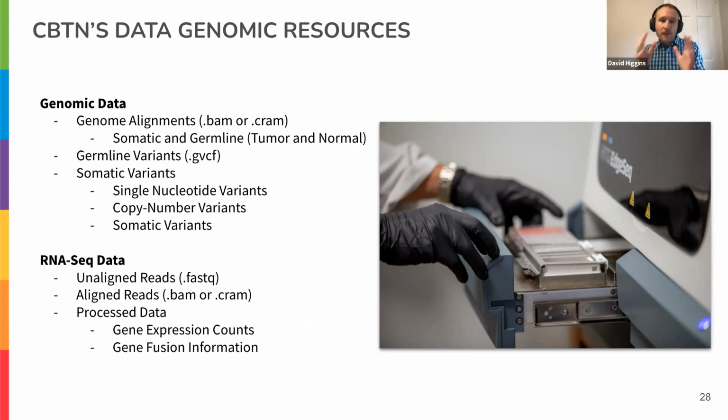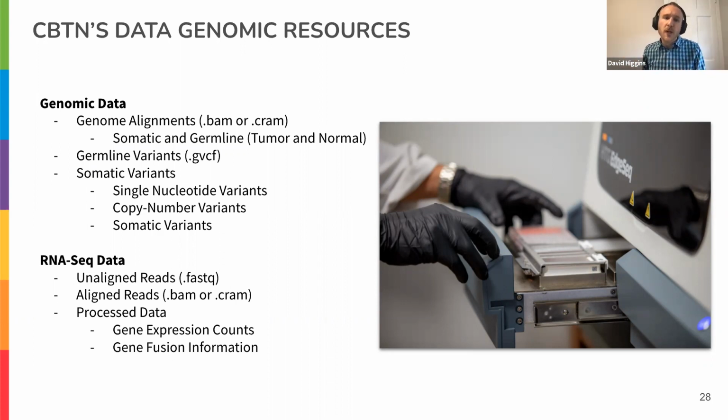That first step is available in VCF format for our germline variants. We also have a very robust somatic variant pipeline, which runs through, I think, 8 or 9 different callers to identify single nucleotide variants, copy number variants, and somatic variants. So we have a rich data set of genomic data available.